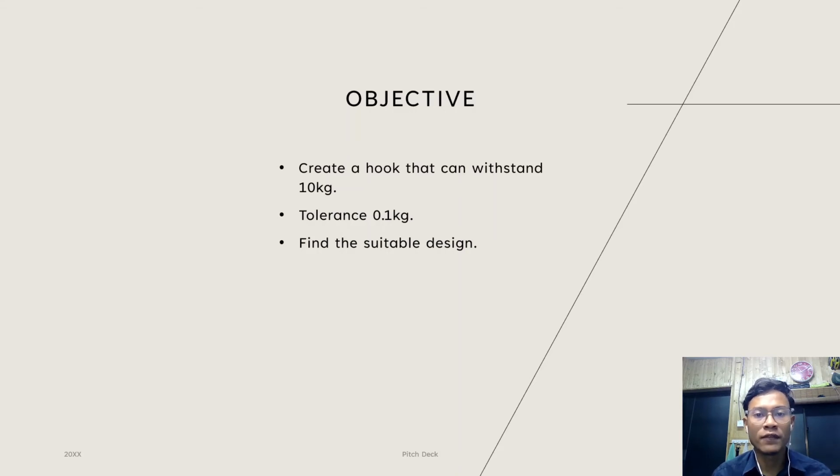So, as the safety factor of the project, I added some tolerance. I use 0.1 kg as my tolerance to prevent failure from occurring due to some reason. Furthermore, one of the objectives of this project is to find the suitable design of the hook.